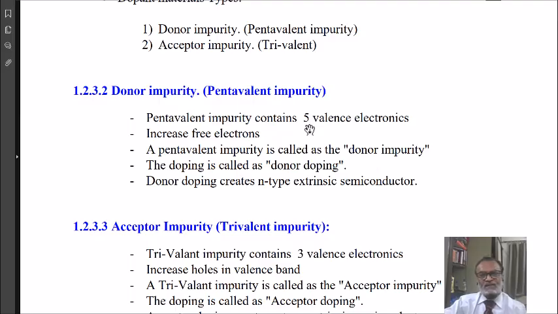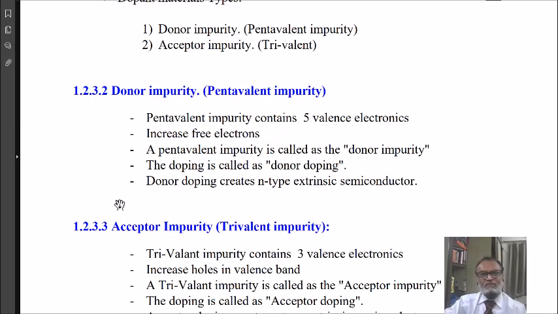And thus, if there are say 10 raised to 5 impurity atoms in around 10 raised to 20 pure semiconductor atoms, then around 10 raised to 5 conduction band electrons are generated and available for conduction at room temperature.